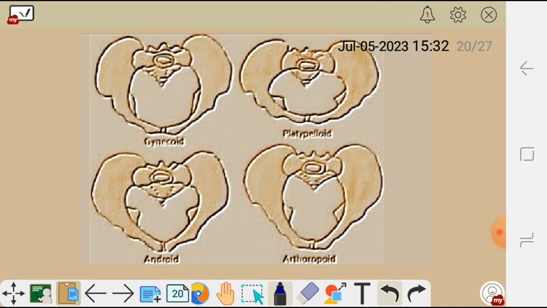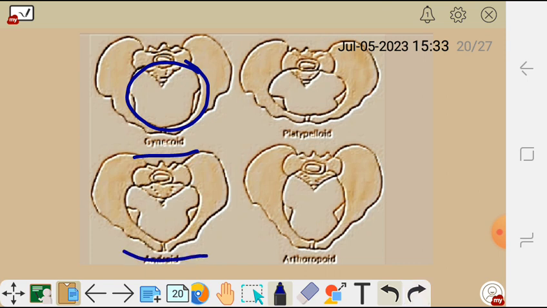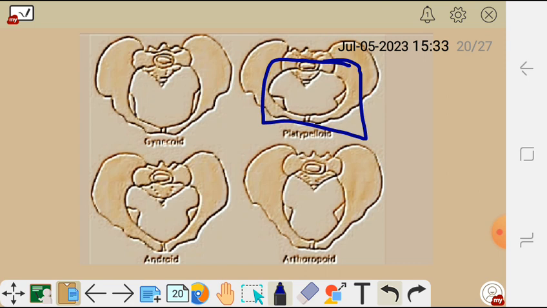So these are the pelvic inlets. We have the gynecoid, it is round, and we also have the platypelloid. This one is very shallow. Okay, so the one which is common is this one here. The android is cone shaped. As you can see, it is a cone like shaped or a wedge like shaped. Then this one is oval. Okay, so this may require a C-section, and this one there will be some difficulties in giving birth.